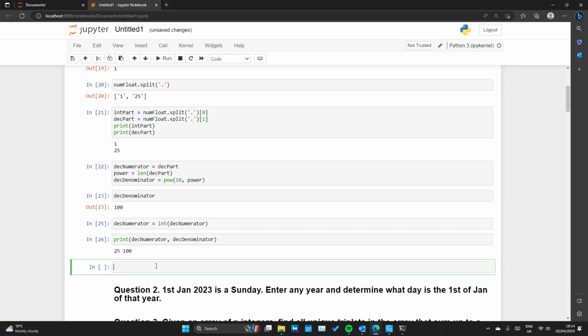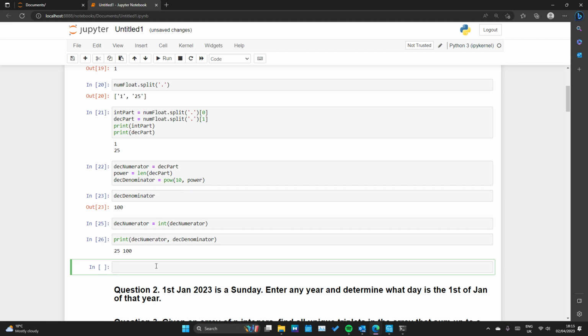Now we need to find out the common factors between these two numbers and divide those numbers by the common factors and get the smallest value in between the two. So to divide the two numbers, we need to find the greatest common factor between the two.